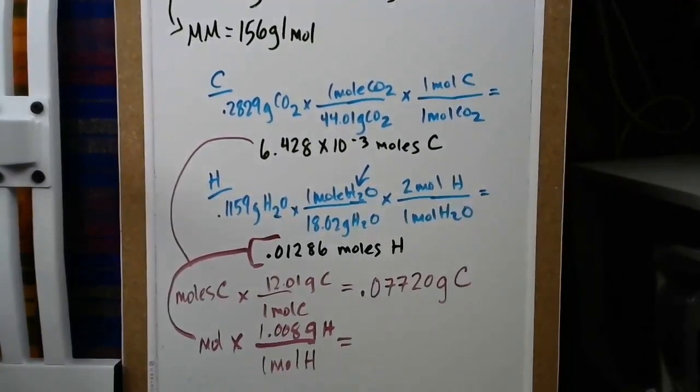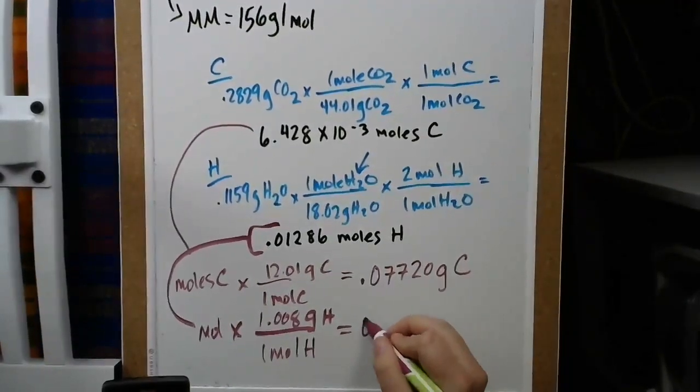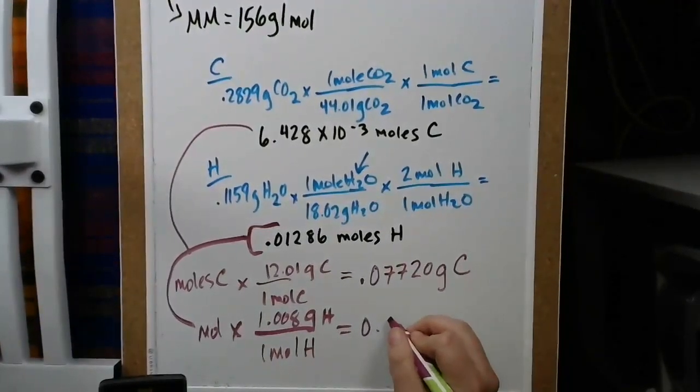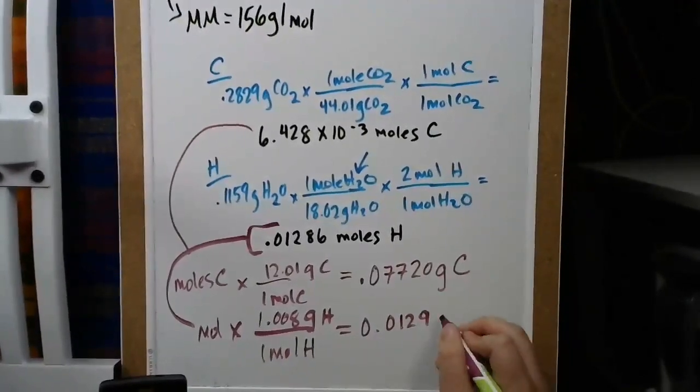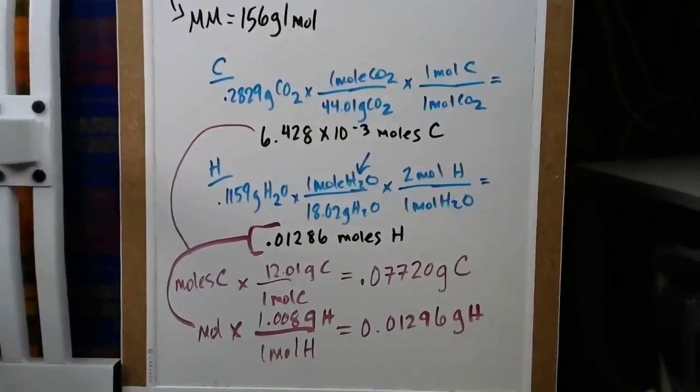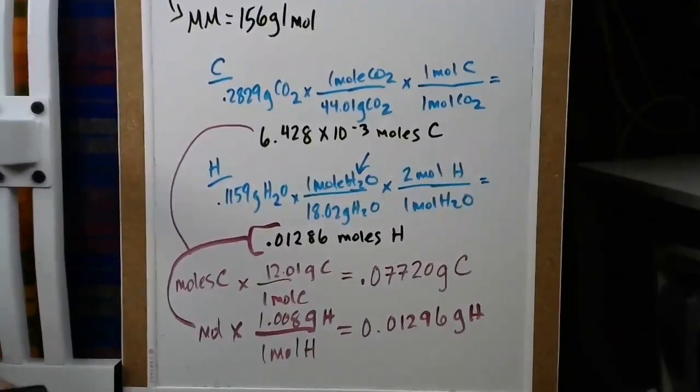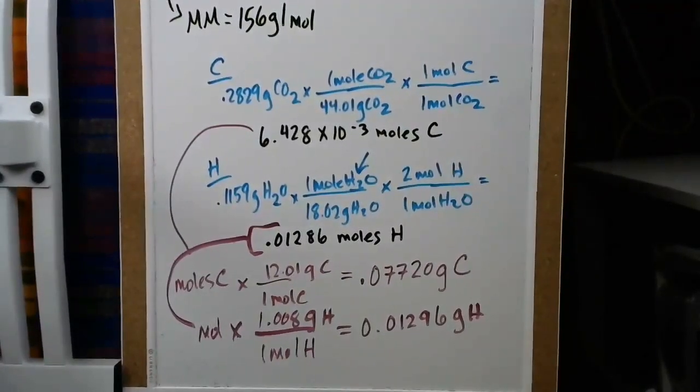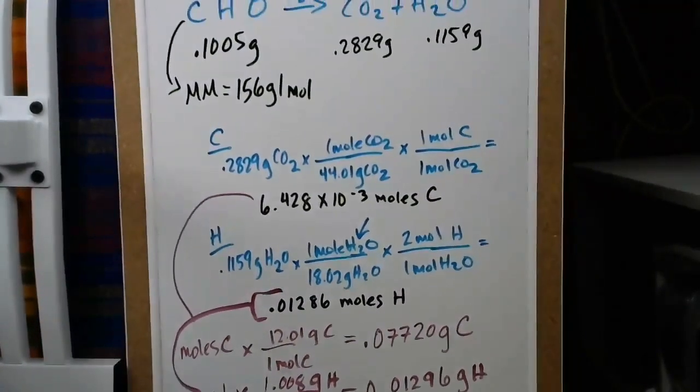Okay, so 0.01286 times 1.008 is 0.01296 grams of hydrogen.